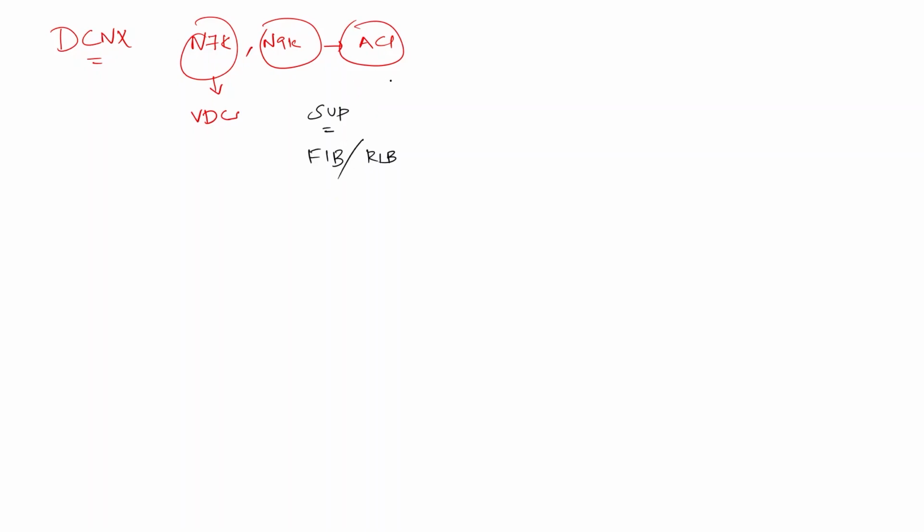Now apart from that, once having understood the hardware of the Nexus switches, we will jump into layer 2 technologies. We will start from port channel. What are the merits and what are the cons of the port channel, and why do we have a virtual port channel?